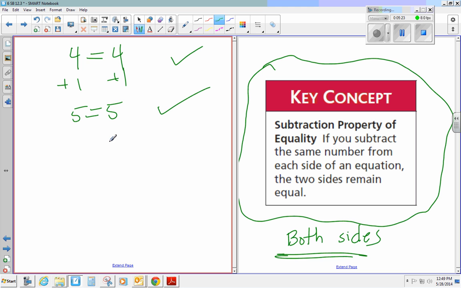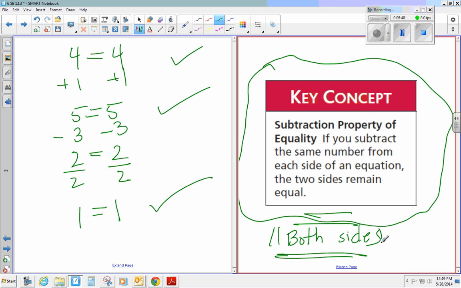They are still equal. Let's subtract 3 from both sides. That's 2 equals 2. Shoot, we could even divide by 2 on both sides. 2 divided by 2, 1 equals 1. You end up with the same equation. So this is key. Both sides means equality.